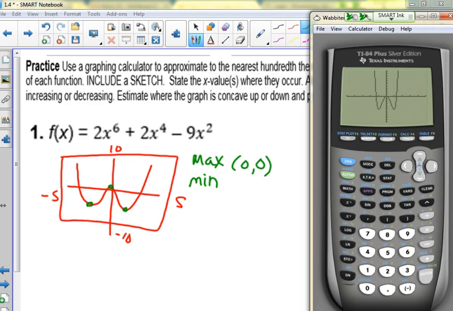What else? Is this one symmetric or not, guys?